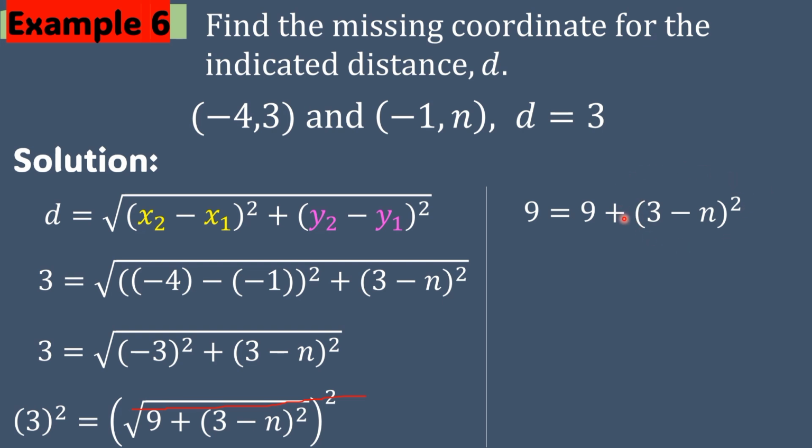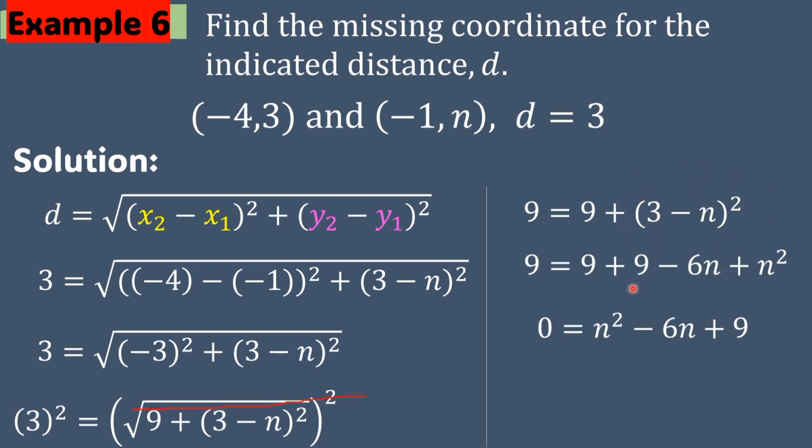Expand the square of the binomial 3 minus n. That is 9 is equal to 9 plus 3 squared is 9, negative 3n times 2 is negative 6n, plus negative n squared is positive n squared. Then equate it to 0.